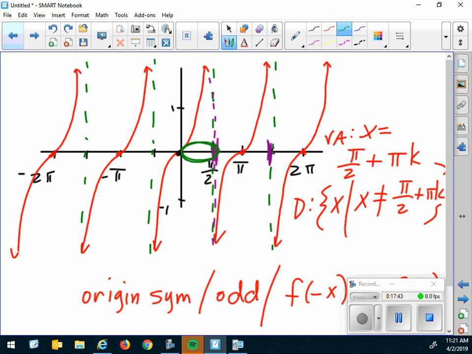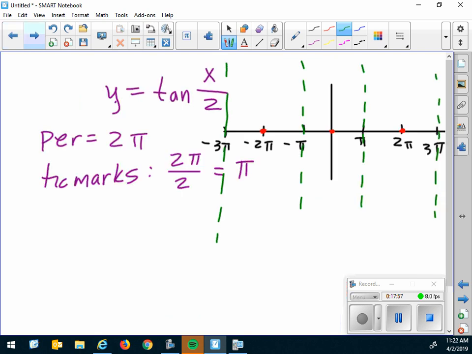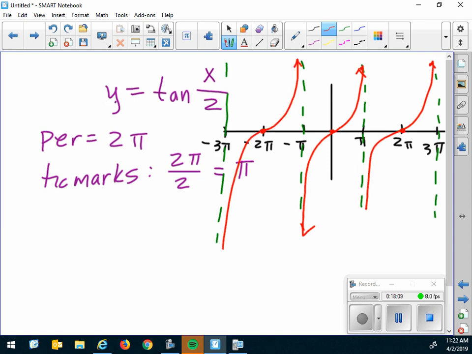In quadrant 1, is tangent positive or negative? Positive, so that's why in between 0 and pi over 2, this thing has to be above the x-axis because the tangent values are positive. So we know that this thing goes, oops, don't touch the vertical asymptotes. Hug them, but don't touch them.